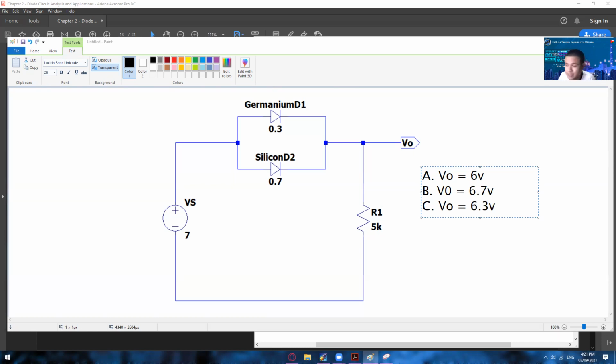Coming from Mr. Tanikala, he said that it's 6.7. What about the others? Do you guys have the same answer? What about you, Mr. Enrique? 6. Okay. What about you, Miss Jennifer Ann?